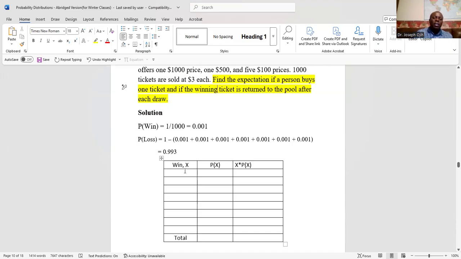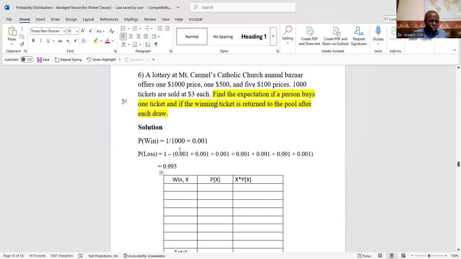Now, there's something you need to understand. Suppose you buy the ticket for $3 and you win $1,000. They'll give you $1,000, sure, but they will not give you back the $3 you paid for the ticket. So your net gain is 997, because you have to subtract the $3. So for the $1,000 prize, we have 997.